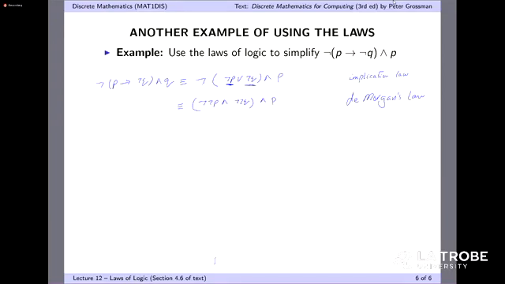Do you agree with that? Okay. So then you have P and Q and P, and not P, not and not cancel each other, so it's the double negation law. That I used.